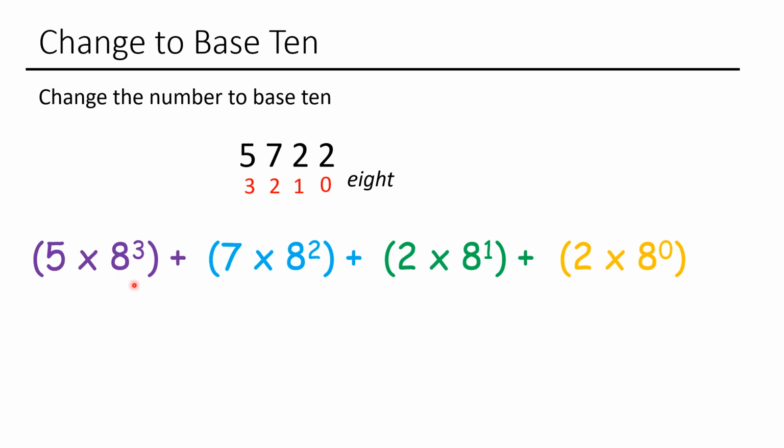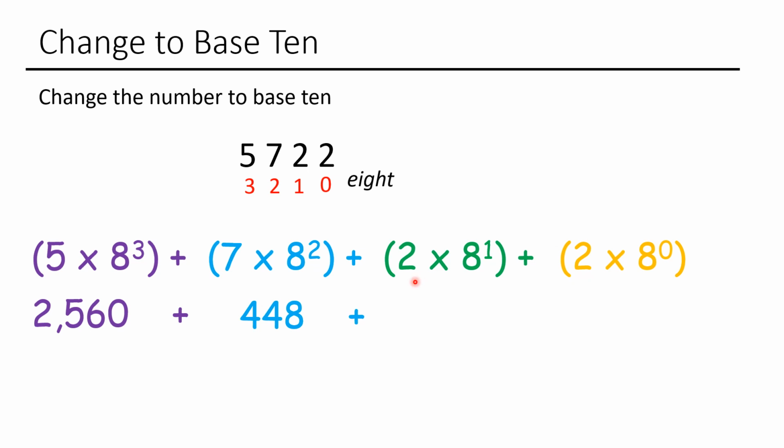And then you have to multiply 512 times 5. And when you do that, you get 2,560. Okay, then you're going to do 8 squared, which is 8 times 8, which is 64. And then 64 times 7 will give you 448.